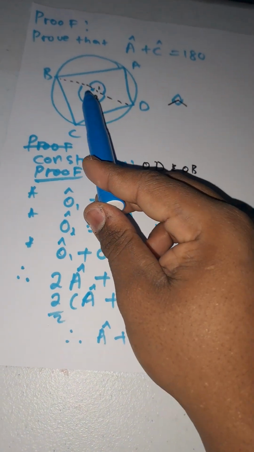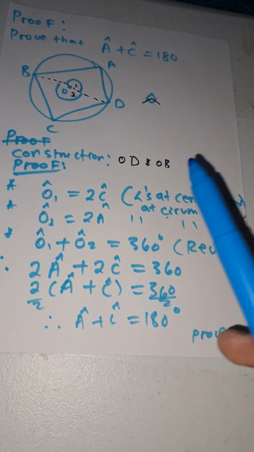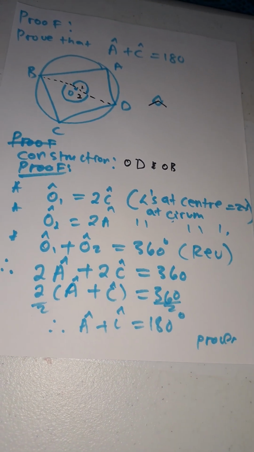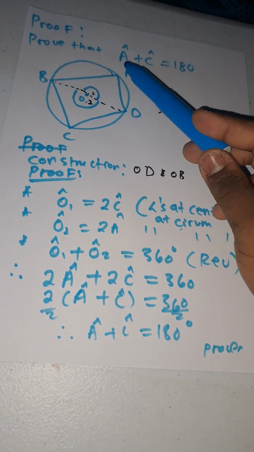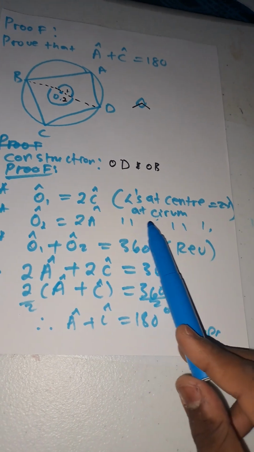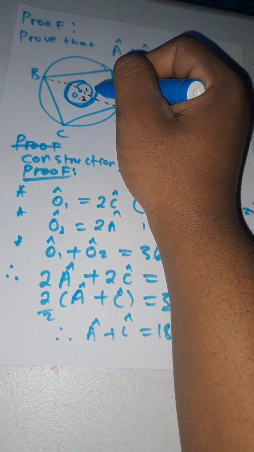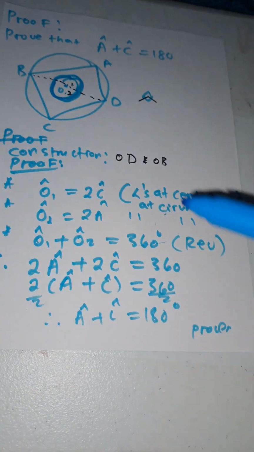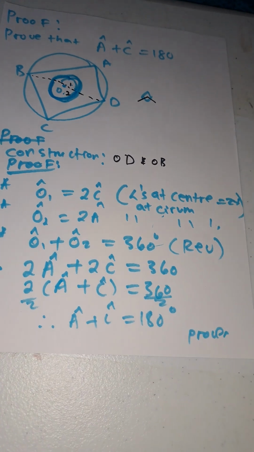I know O1 equals 2 times C, because the angle at the center is 2 times the angle at the circumference. At the same time, O2 equals 2 times A, same reason. And O1 plus O2 equals 360 because of the angles around a point, which is the same as a revolution.